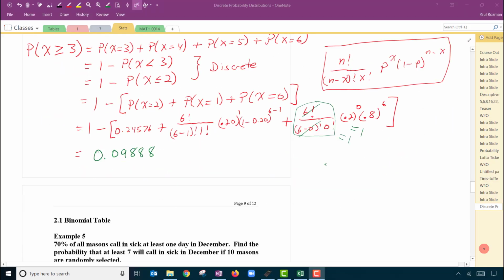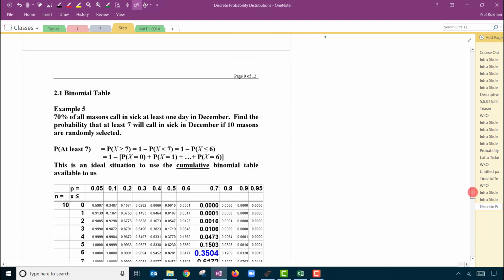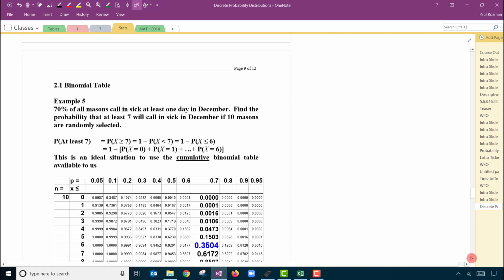So now that we've seen how to do this calculation both by hand and using Excel, there are also tables that can help you solve these sorts of problems if a computer isn't available to us. We'll do this little example here using a binomial table.